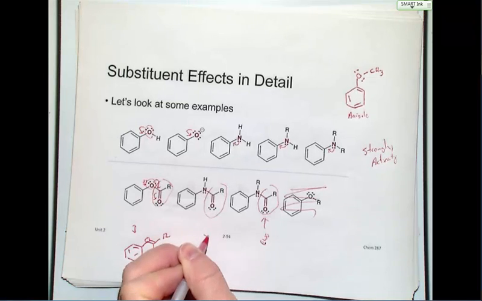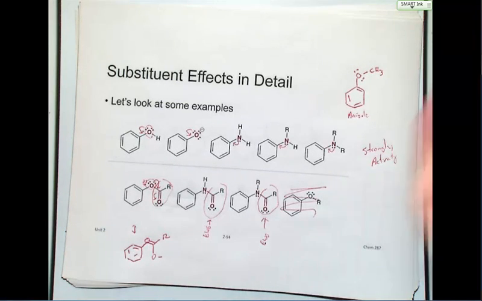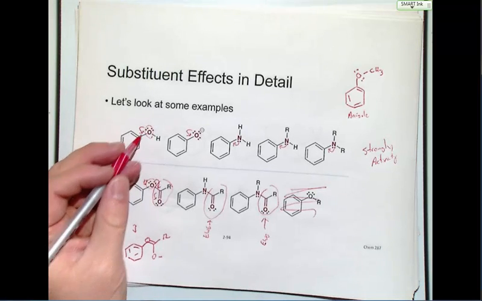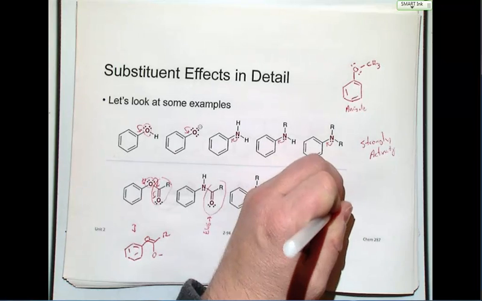What effect does that have? Are these going to be as strong activators? No, they should be weaker, and it turns out they are. So we'll categorize these as moderate activators. They still have a lone pair to donate, but they're not nearly as good as phenol and anisole.